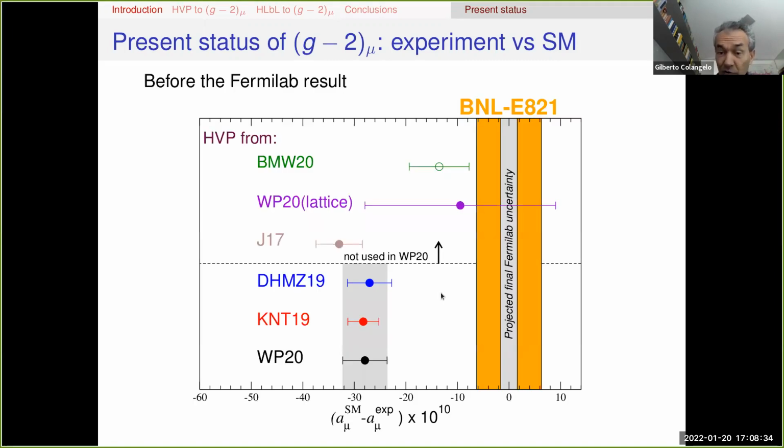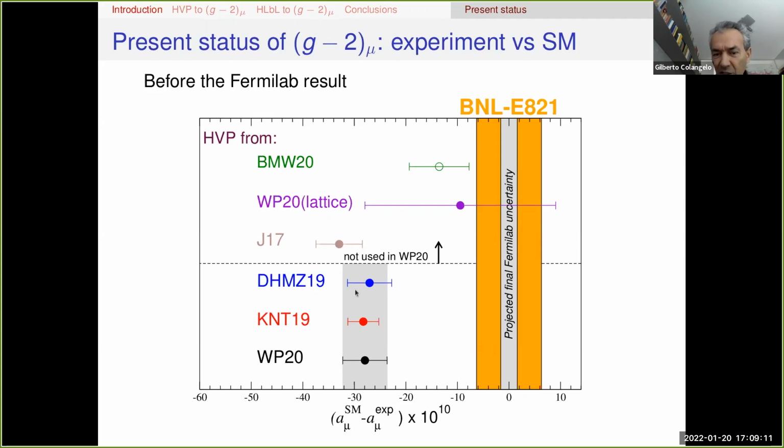And this is a plot showing the Brookhaven value as this yellow band with the projected final Fermilab uncertainty, which you see is a factor 4 or smaller, and then some theory values for the total of G minus 2. So you see that on the horizontal scale, 0 is set at the experimental value. So this is essentially a mu of the standard model minus the experimentally measured value.